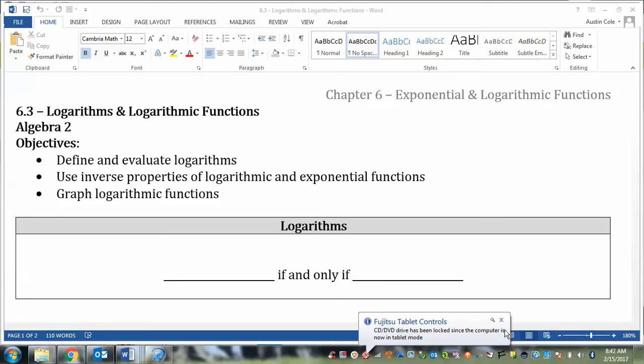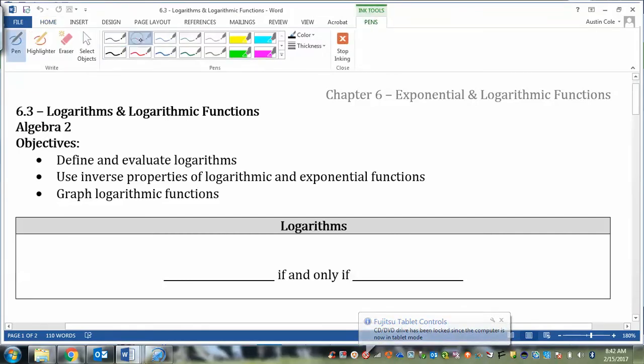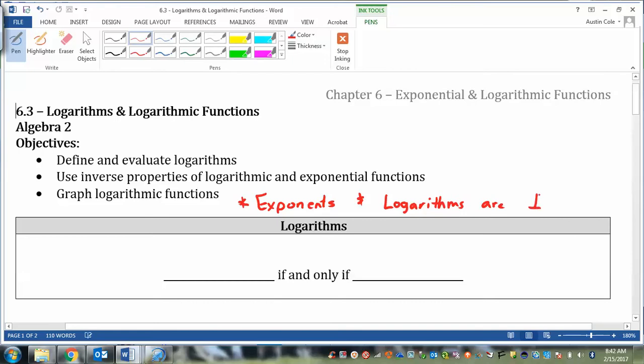Now, the one big thing we need to understand here is that logarithms and exponents are inverses.